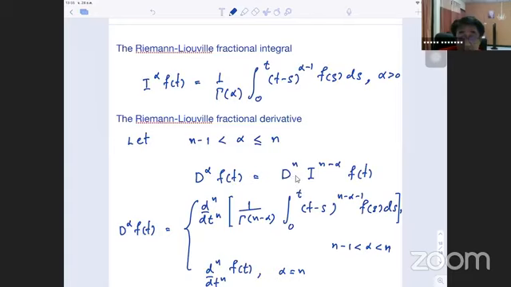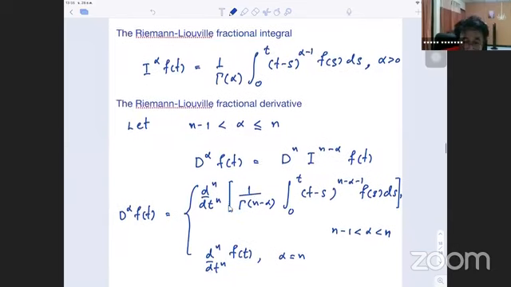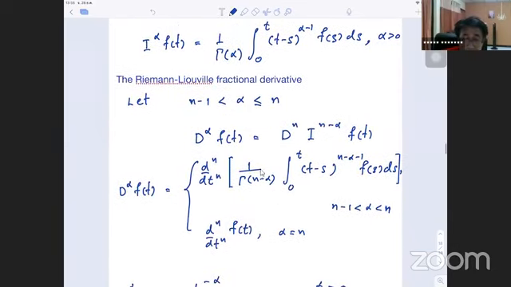Observe that the derivative of integer order is the left of I here. It can be separated into two cases: alpha between n minus 1 and n, and alpha equal to n.